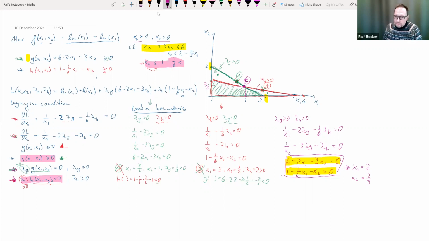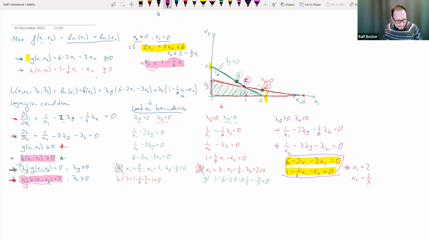Now you can plug this x1, x2 into here, which leaves you with these first two equations having only two unknowns, lambda g and lambda h. Then you can solve that.